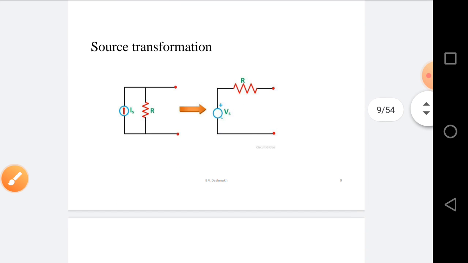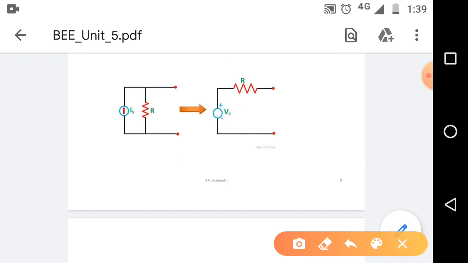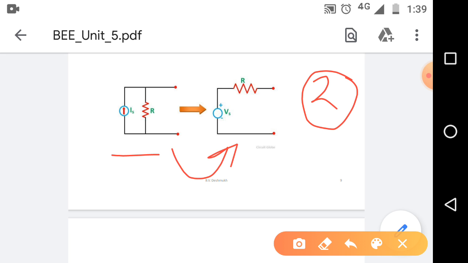Next is current source converted into voltage source. Whenever we are converting a current source into a voltage source, the current source and its internal resistance are connected in parallel. Then this current source is converted into a voltage source and this internal resistance is connected in series with the voltage source.